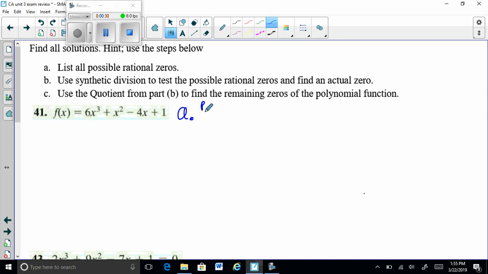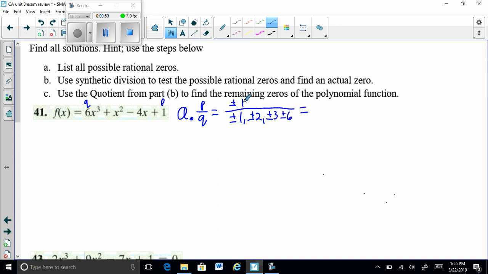you want to do all your factors of p divided by all your factors of q. And so here's your p, here's your q value. On top, you're only going to have plus or minus 1. On bottom, you're going to have plus or minus 1, plus or minus 2, plus or minus 3, and plus or minus 6.